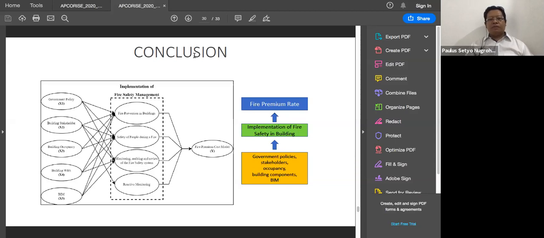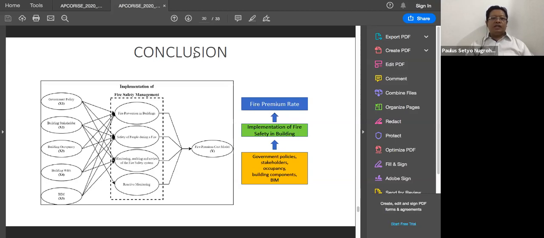There is a further step. The first is breakdown of variables into subvariables and indicators. The second is compiling a questionnaire for the survey process, and then data retrieval from insurance institutions and building management, and then portraying the implementation of fire safety in high-rise buildings, and then a questionnaire process to insurance institutions, and we need software SAM, structural equation modeling, to process and get the path between variables.